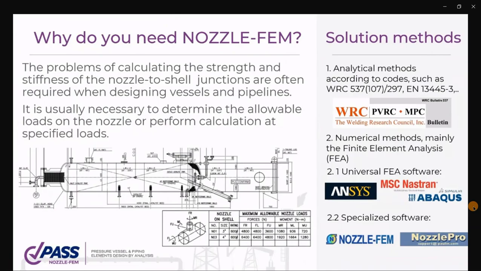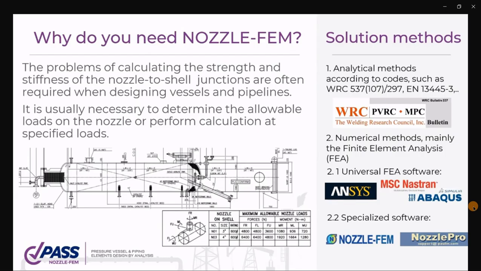Why do you need the Nozzle-FEM program? The problems of calculating the strength and stiffness of nozzle junctions are often found in the design of vessels or pipelines. It's usually necessary to determine the allowable loads on the nozzle or perform calculations at specified loads. On the slide, you can see a typical drawing of a column with a maximum allowable nozzle load table.